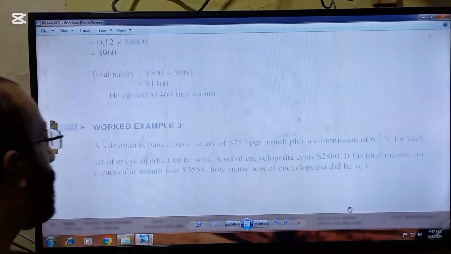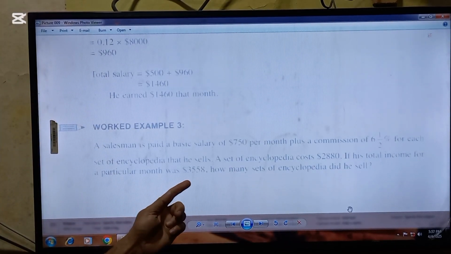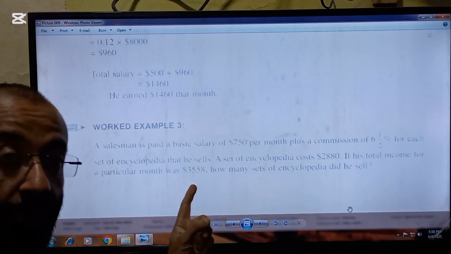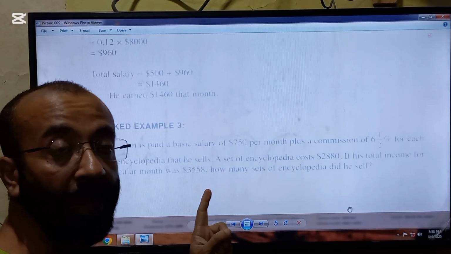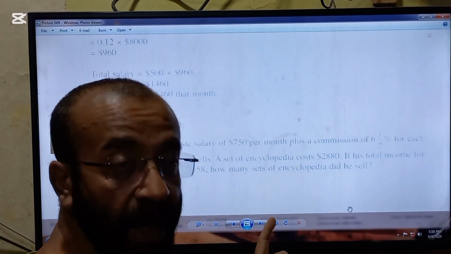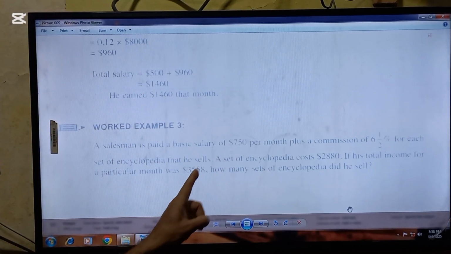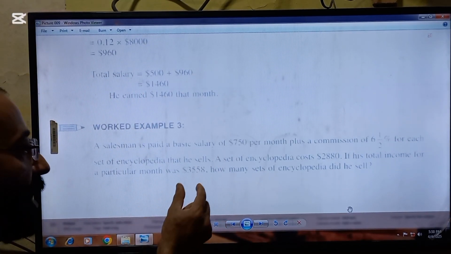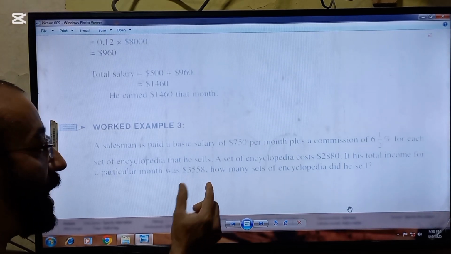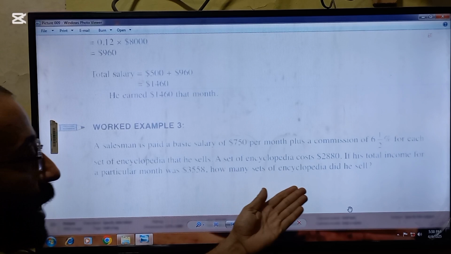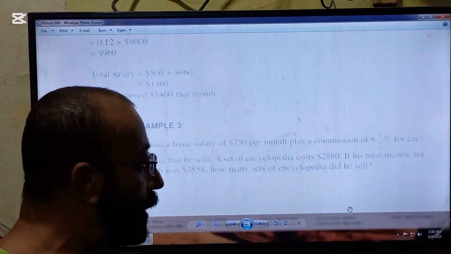If his total income for the particular month was $3,558, so concentrate, this is the total salary that is equal to actually the basic salary plus commission. So this is the basic salary he got plus whatever the commission he got, that will be equal to 3,558 in some particular month. The requirement is how many sets of the encyclopedia did he sell.